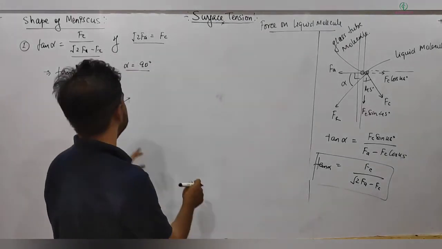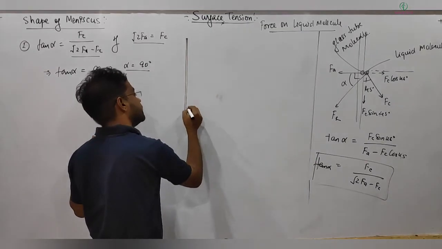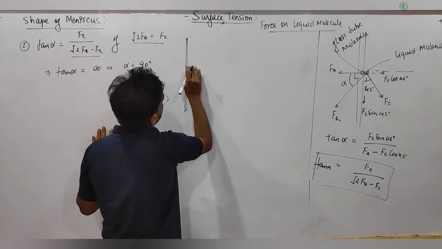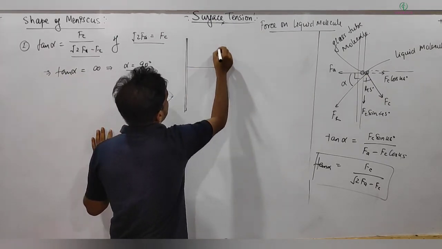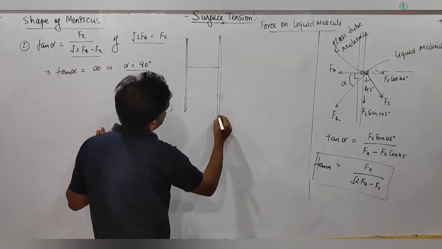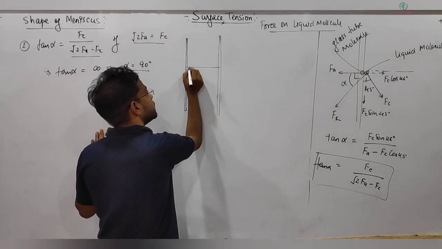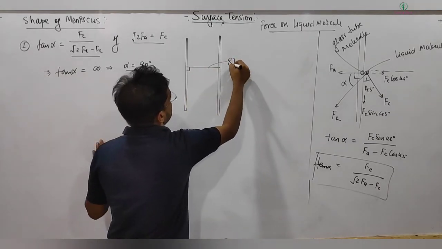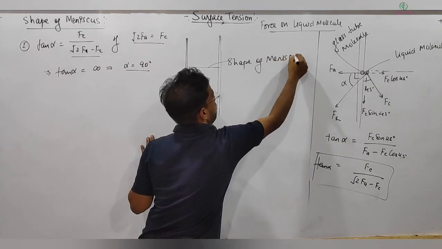So in that situation, this is the capillary, and the shape of the meniscus will be plane. So this will be a 90-degree angle, and this will be the shape of the meniscus.